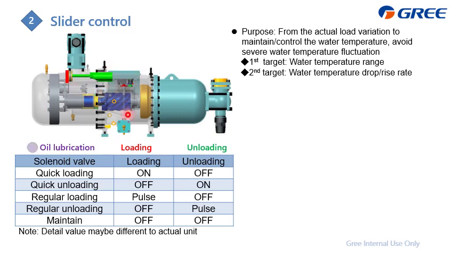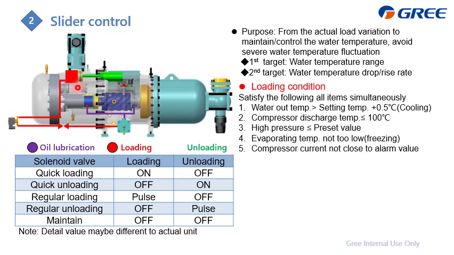First I will display this: the oil from the water tank here is offered to the compressor for lubrication. And then if the system is required to load, we can conduct the oil from here through a solenoid valve, this one, to push this slider, which is to loading.